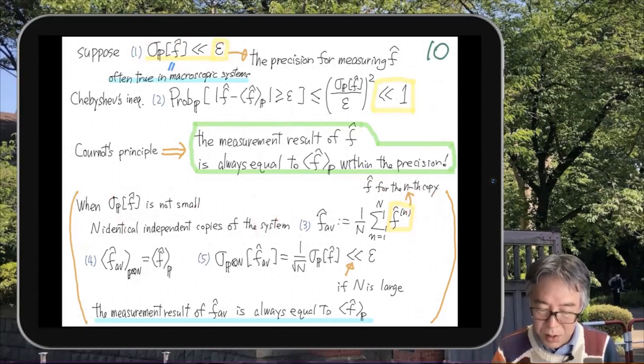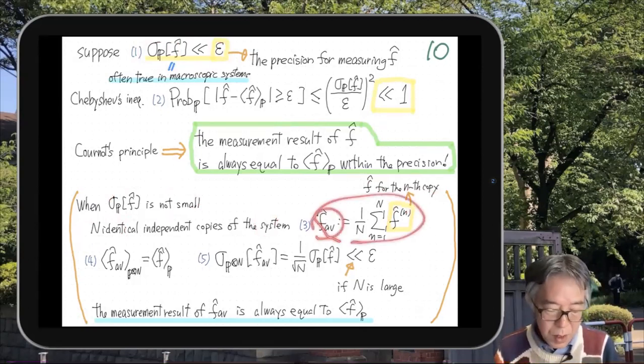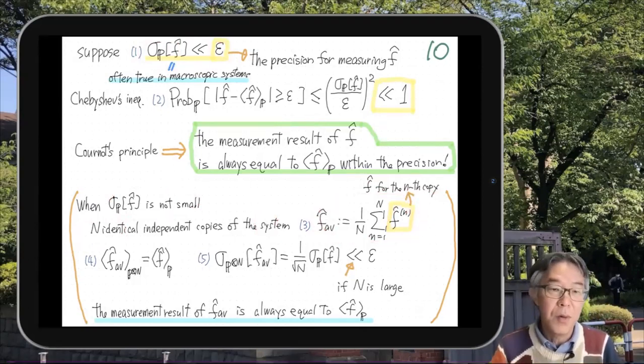And then you consider this average for the whole system. And then it's very easy to find that the average of this state quantity in the huge system is exactly the same as the average of the original f, but the standard deviation of this is equal to the standard deviation of f divided by square root n.